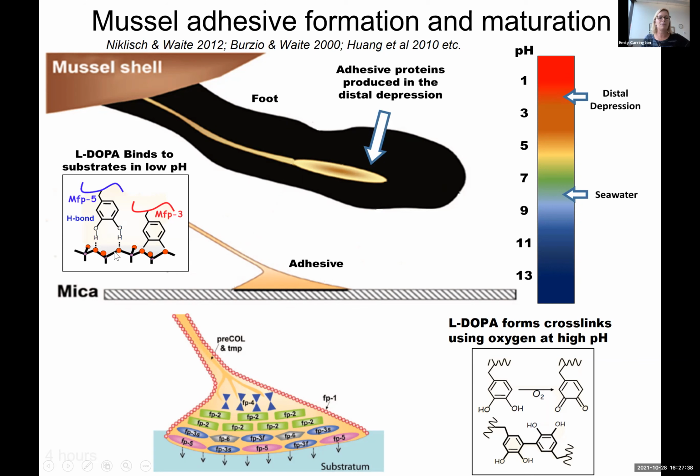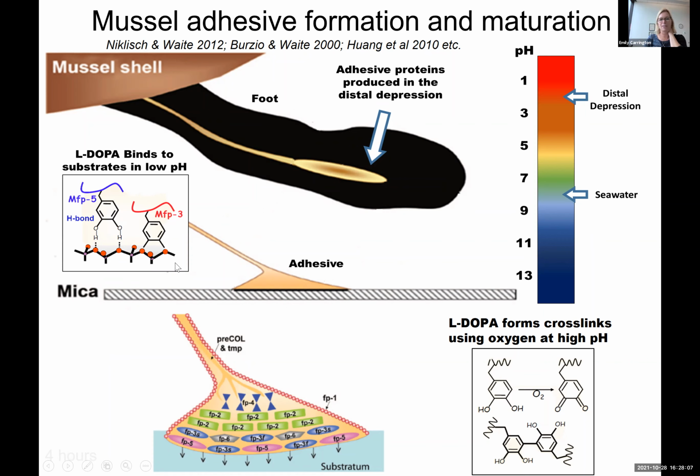That allows these foot proteins to then flow to the substrate and make that initial adhesive contact to the substrate. Then the animal moves its foot away, seawater rushes in, which has a pH of about 8. And that now allows these crosslinks to form, and make this material more cohesive. And that's how that adhesive is able to actually set up and become strong.